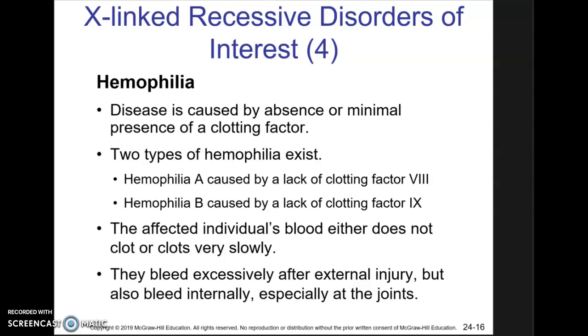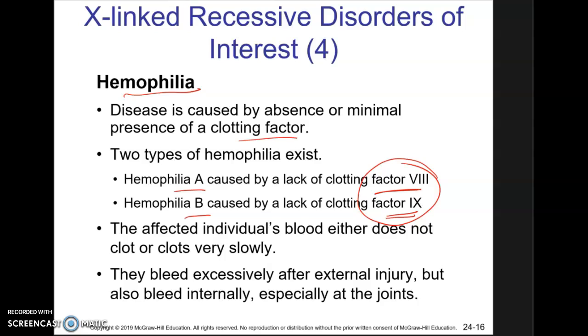And last but not least of the X-linked recessive disorders is hemophilia, also called the bleeder's disease. This is caused by the absence or minimal presence of clotting factors. There are two types of hemophilia, A and B, which you do not have to know right now. One is caused by the lack of clotting factor 8, the other by the lack of clotting factor 9.